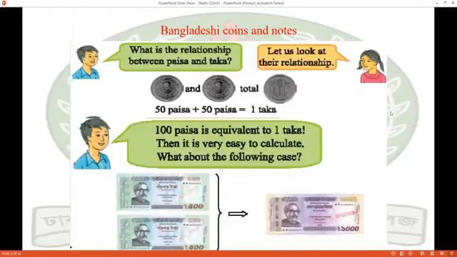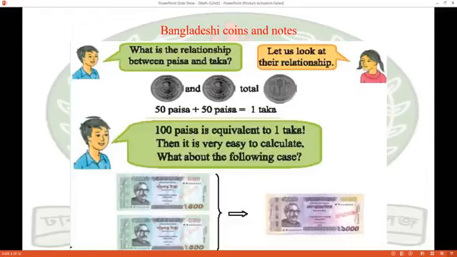What is the amount of money if there are 10 notes of 10 taka? You have to find it. This calculation is the same as what we learned in the number.